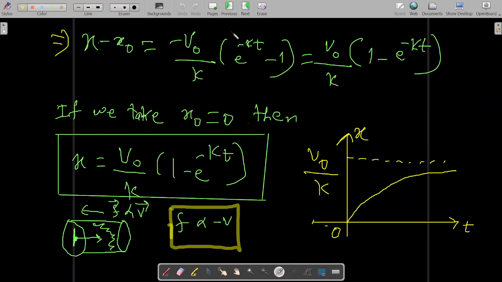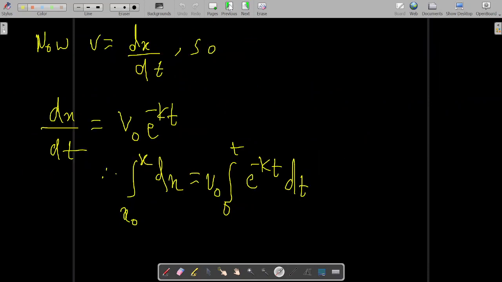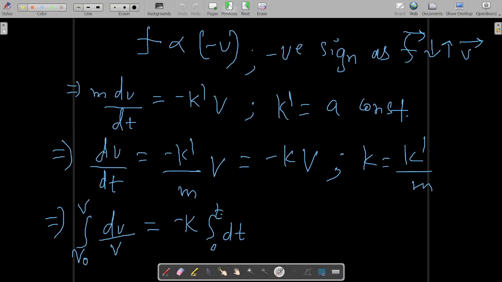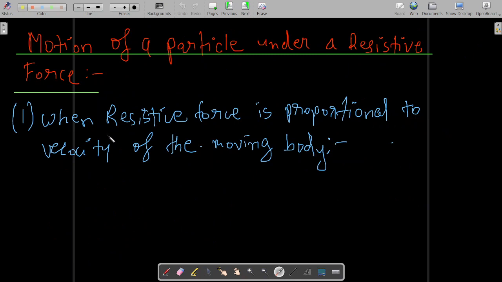So we have successfully found out the displacement as well as the velocity of a particle moving under a resistive force. But what kind of resistive force? A kind of resistive force which is proportional to the velocity of the moving body.